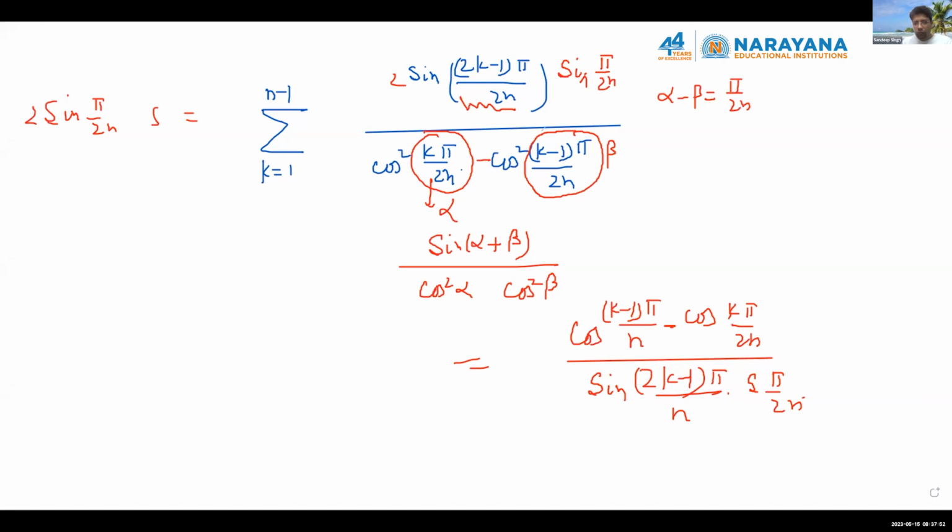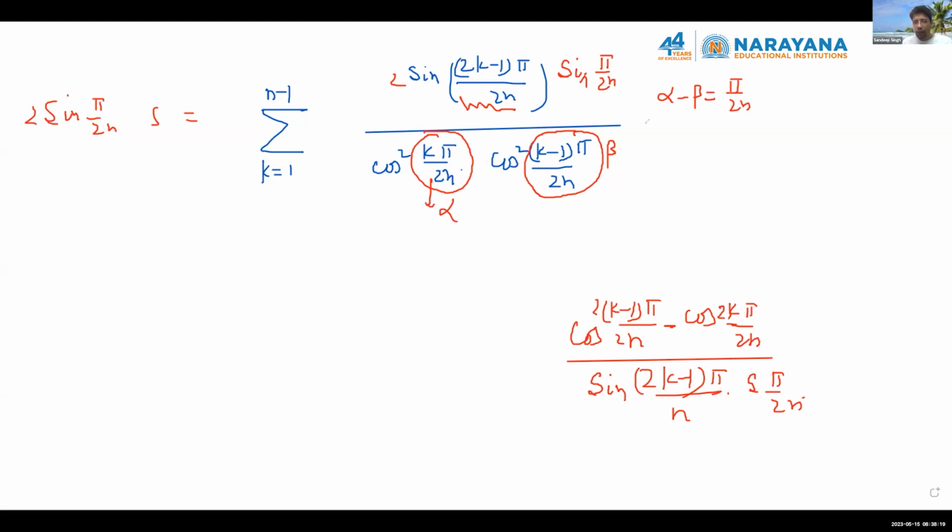So sine pi by 2n, if I multiply 2 sine A sine B, okay, cos square you can convert. So cos of this minus this. So let me keep 2 over here only. Okay, this you can convert into cos square. Correct. So this is 2k pi by 2n. So let me keep it by 2n only.